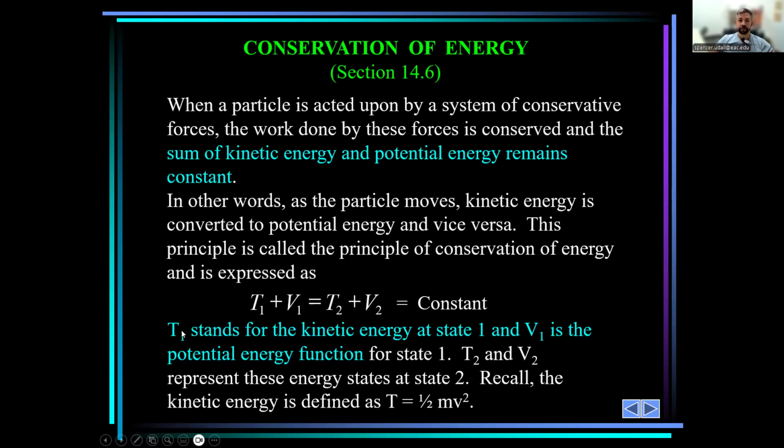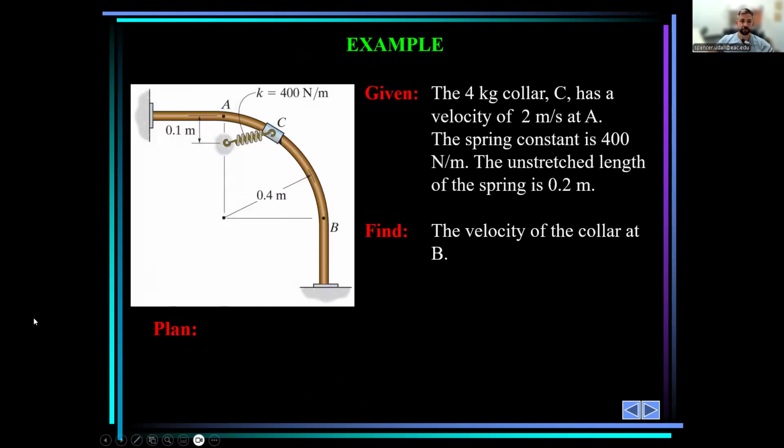Okay. So T1 is the kinetic energy, V1 is potential energy, same for T2, V2. And remember from last time, we've got 1/2 mv squared for our kinetic energies. So with that, we've got everything we need to try this out and do some really pretty quick problems now that we have narrowed it down to just potential and kinetic energies.